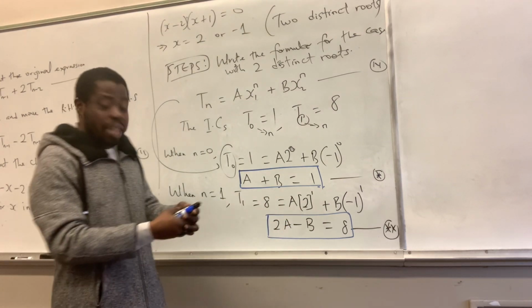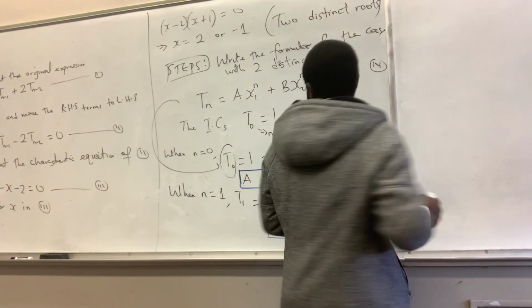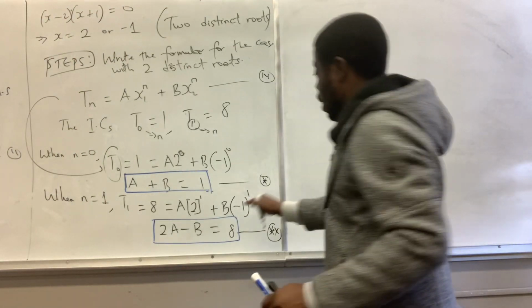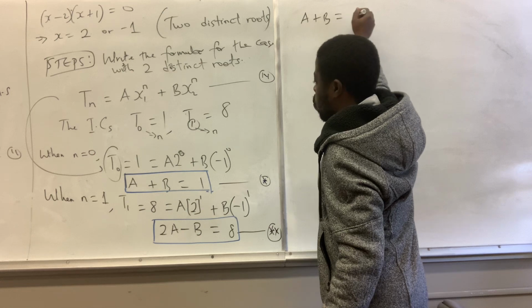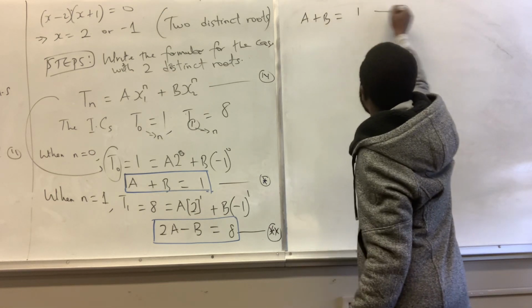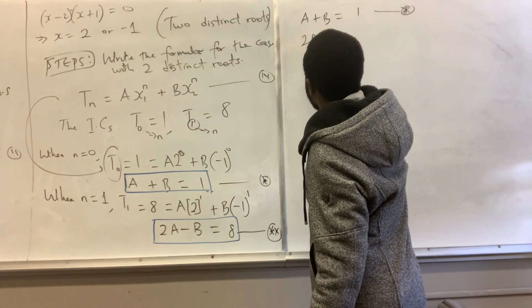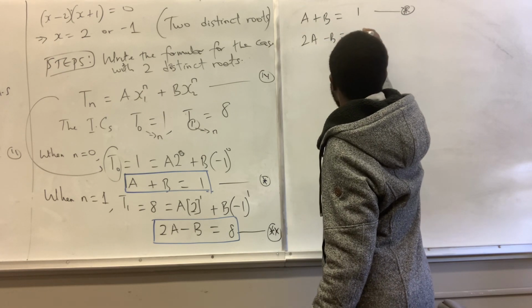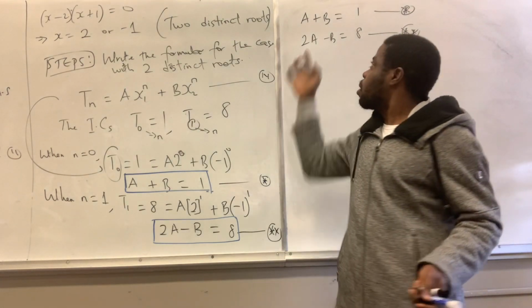All right, let's write them out on the board. A plus B equals 1, that's equation star. And 2A minus B equals 8, equation star star. Then solve it.